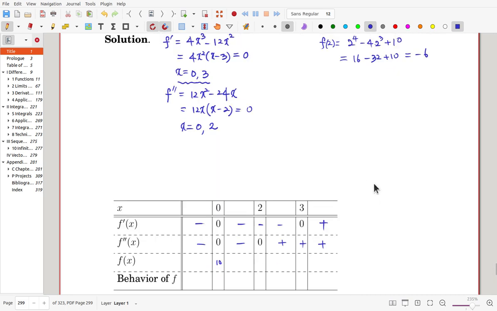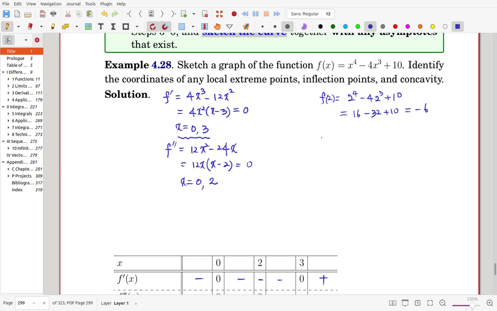So at 2, the function value is minus 6. Now, when x is 3, f of 3 is 81 minus 27 times 4, and plus 10.